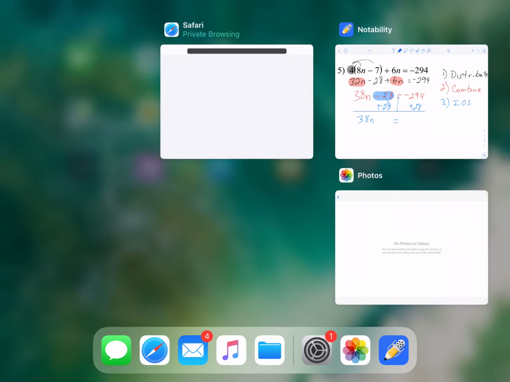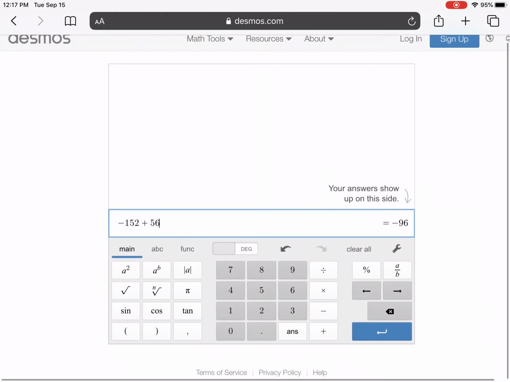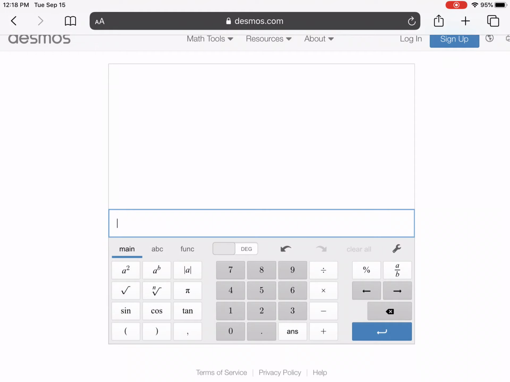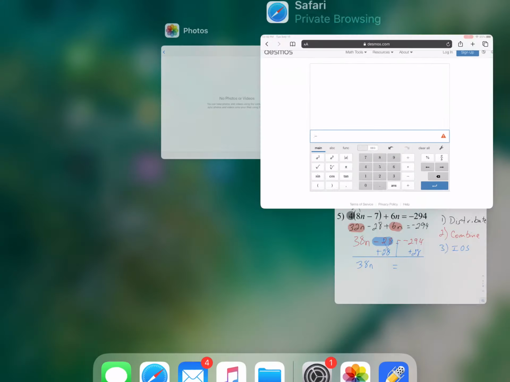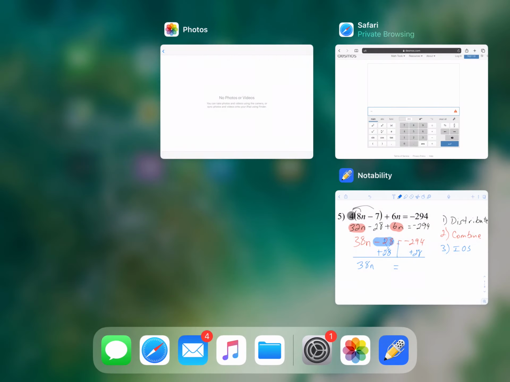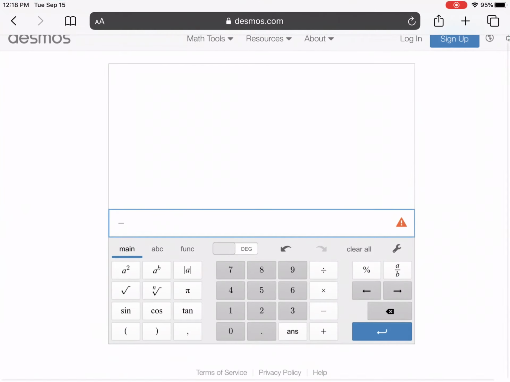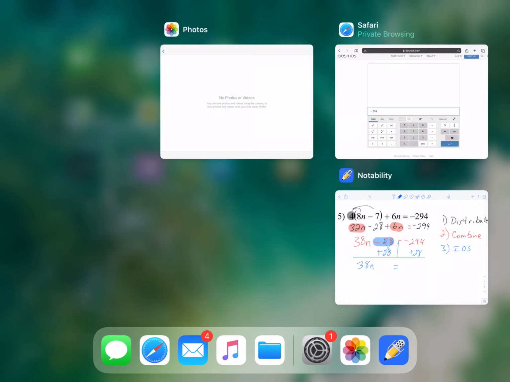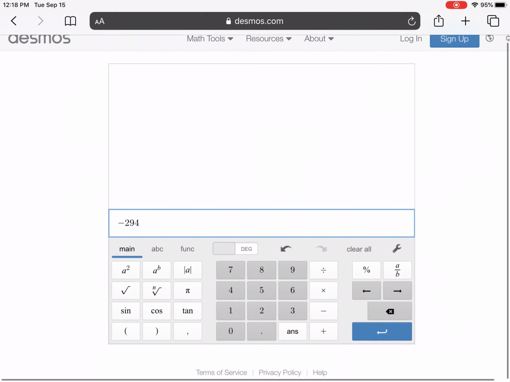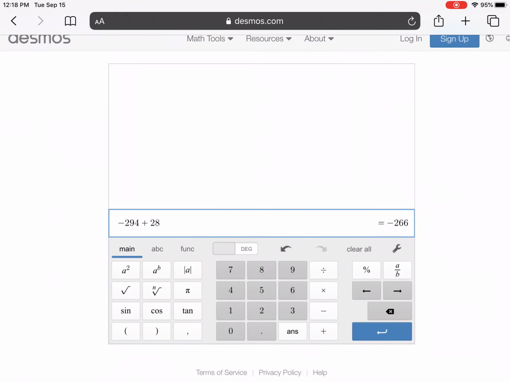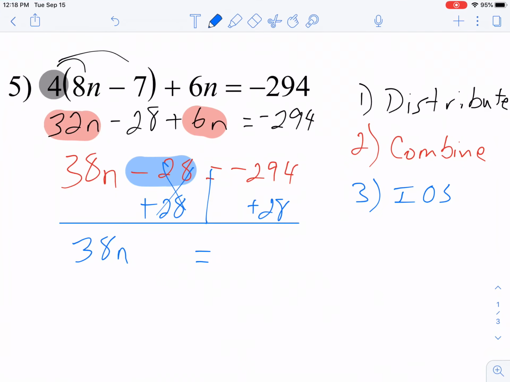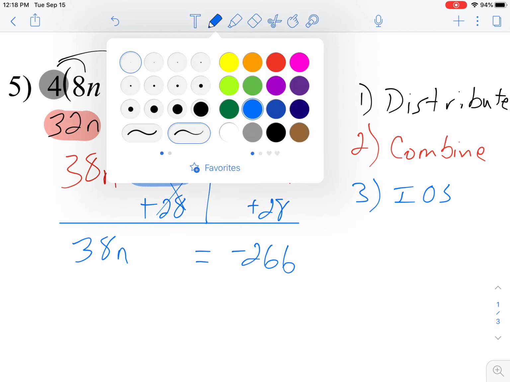I'm not sure what it is, so I'm just going to use the Desmos scientific calculator to do that. So negative 294, and then it's plus 28, is negative 266. So this equals negative 266.